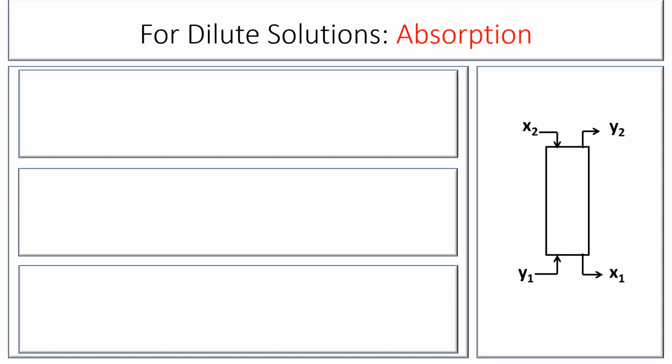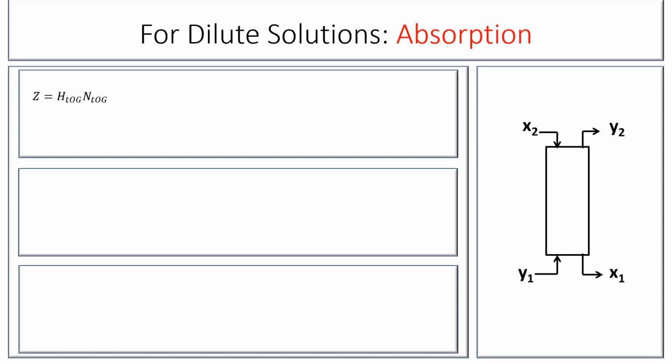Now, a general form of the design equation for a gas phase controlled resistance is given in this equation here. Keep in mind, we are designing an absorption column. We are choosing the solvent. So, more or less, we are confident that the solute is going to be very or highly soluble in the solvent.